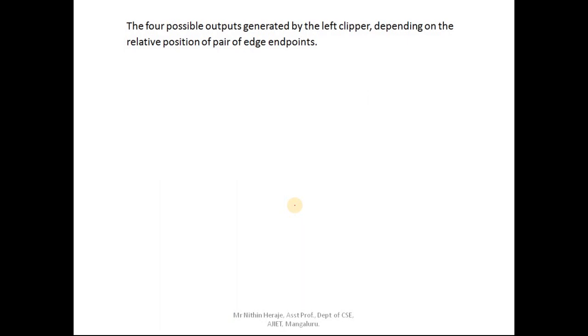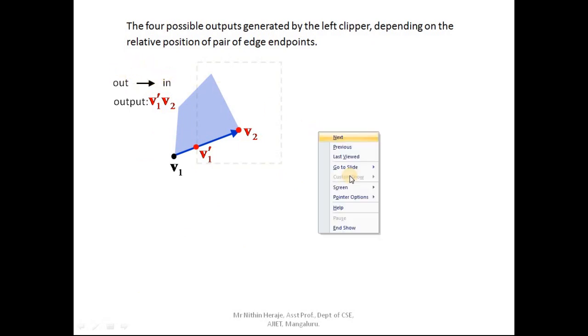So the four possible outputs generated by the left clipper depend on the relative position of the pair of edge endpoints. So this is the first, that is out to in. So if the case is from out to in, so V1 to V2, then your output will be V1 dash, the intersecting point, and V2.